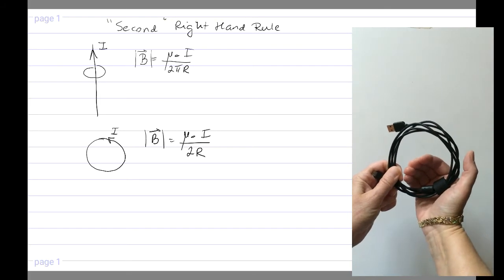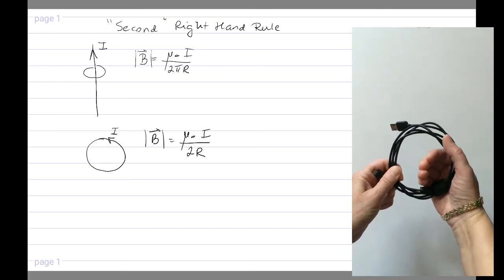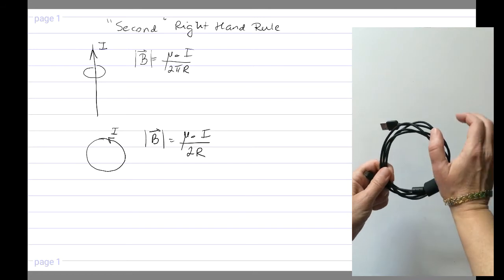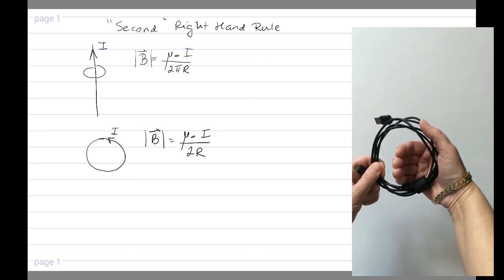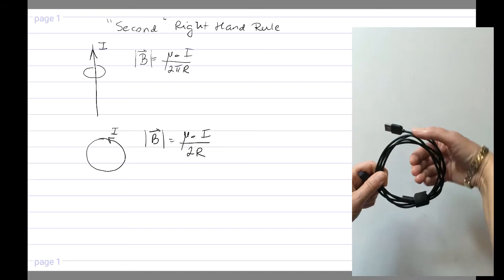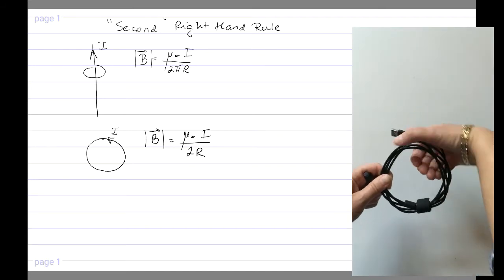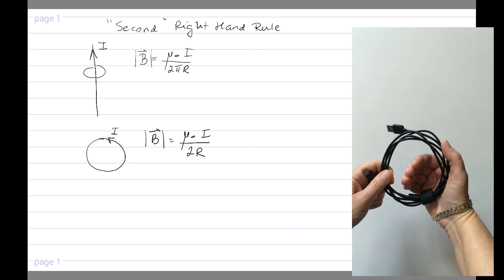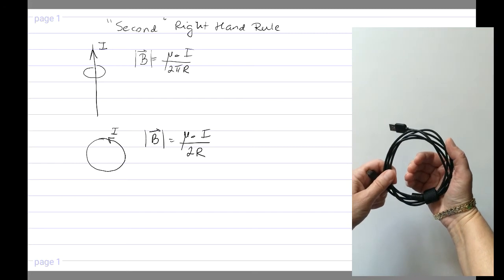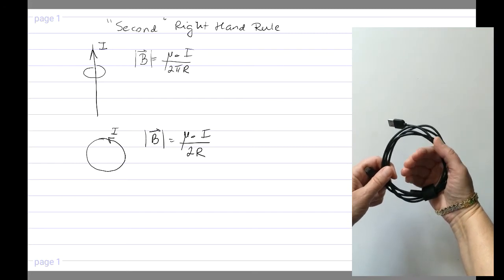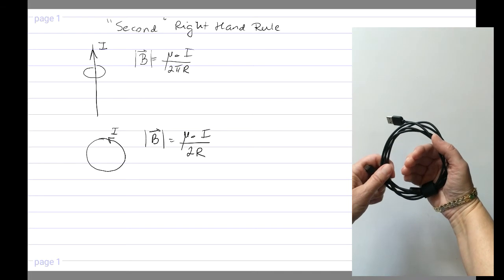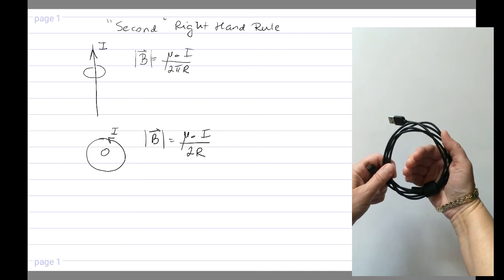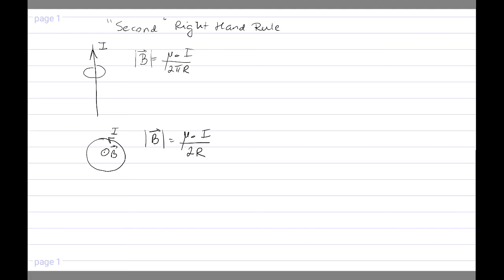Okay, so place your thumb in the direction of the current with your hand inside the loop, not outside, but inside the loop. So the thumb will rotate around your bent fingers. So when we do that, the magnetic field is in the direction of the fingers inside the loop, and that will be coming out of the page.